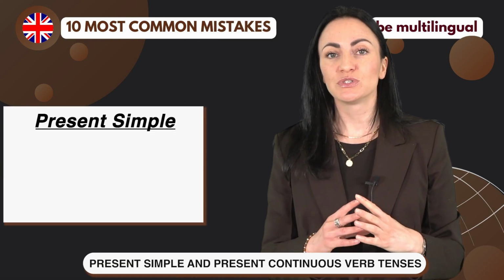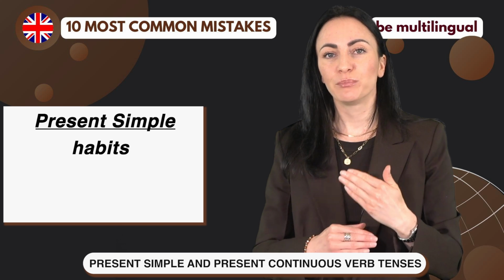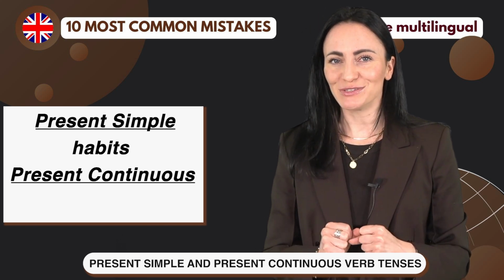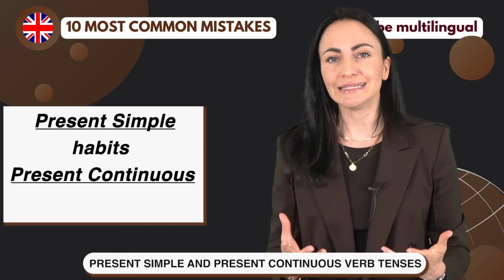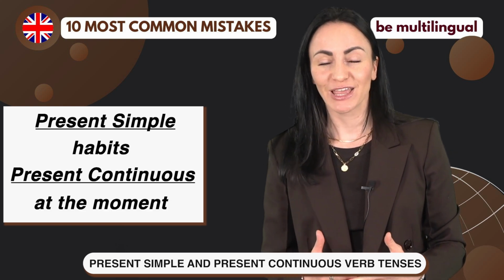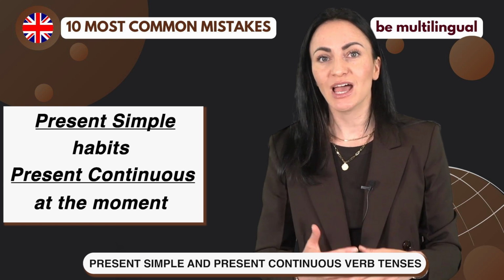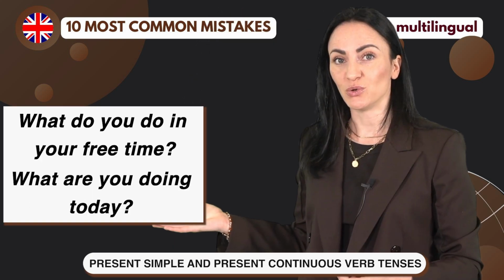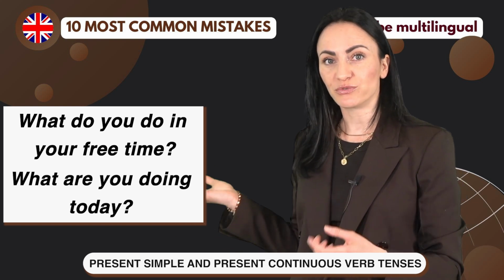Present simple is used for habits, repeated daily actions. And present continuous is used for actions that are taking place at the moment. For example, the typical question is, what are you doing? For example, compare these two. What do you do in your free time?